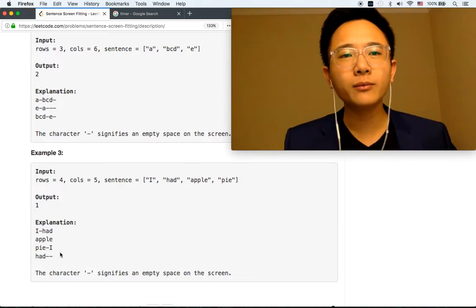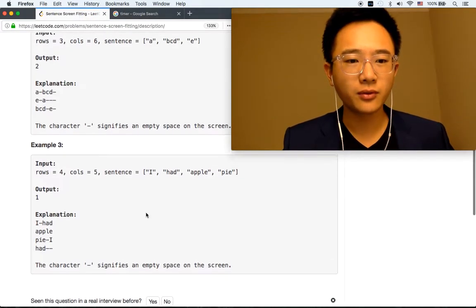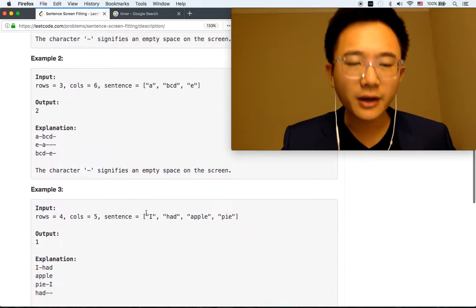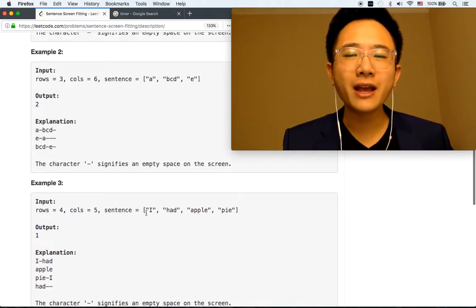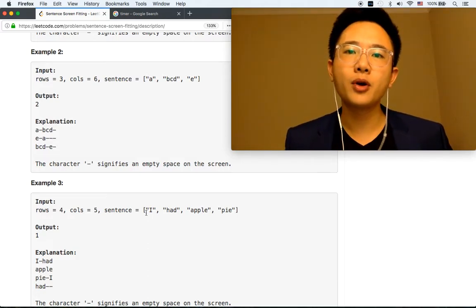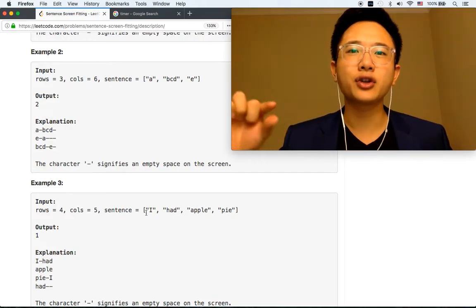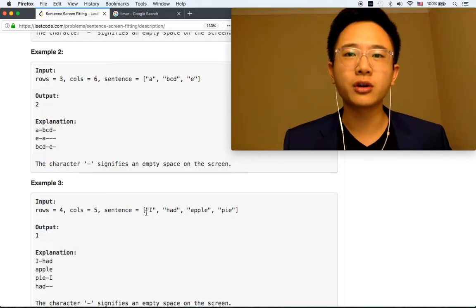So right now, all right, it took us 4 minutes to warm up. So right now, what we can think of is we can go through every row and then put in each word that we iterate through in the dictionary.